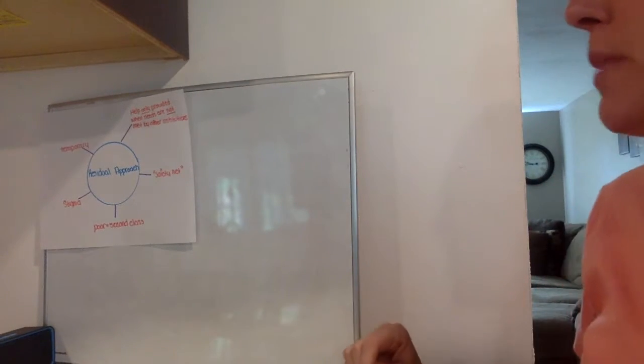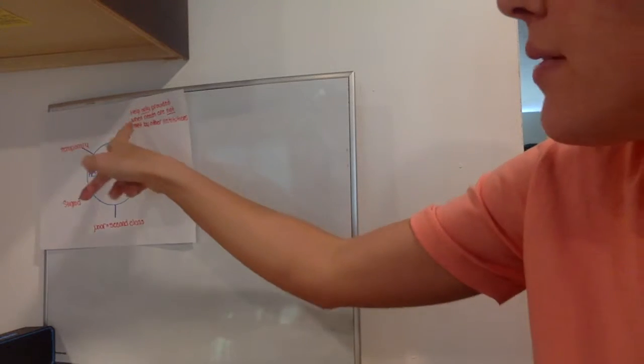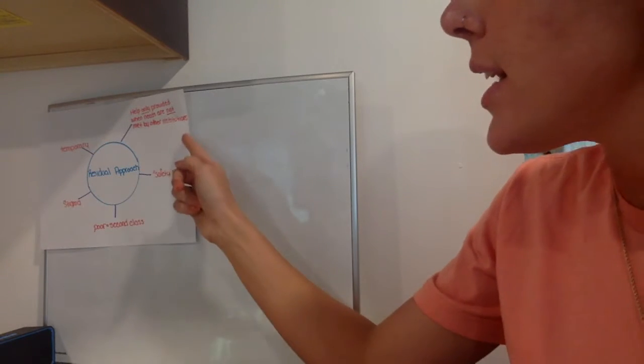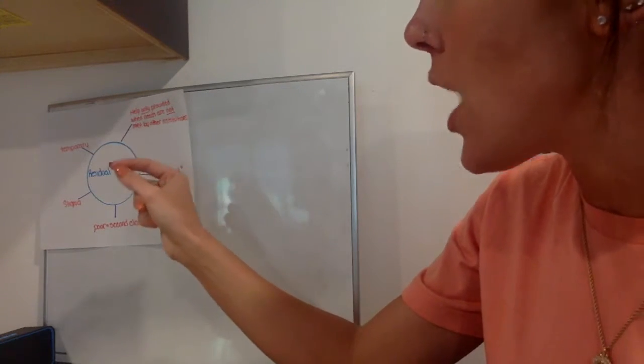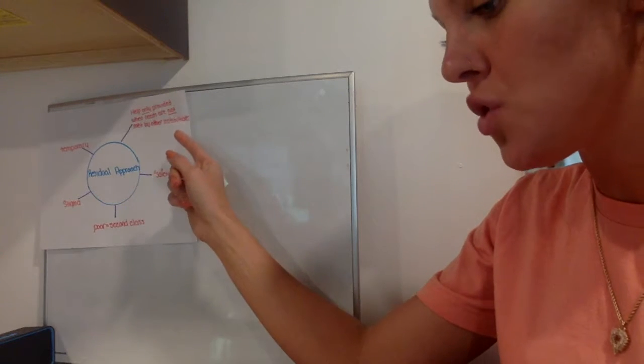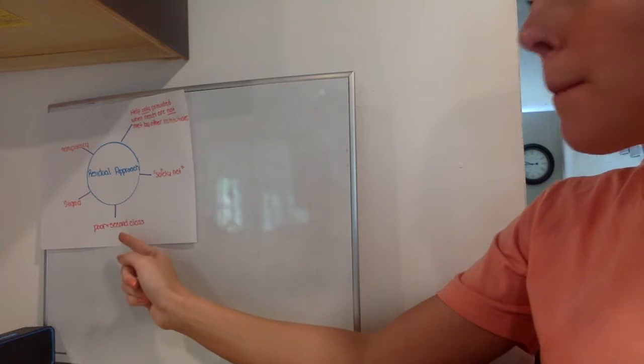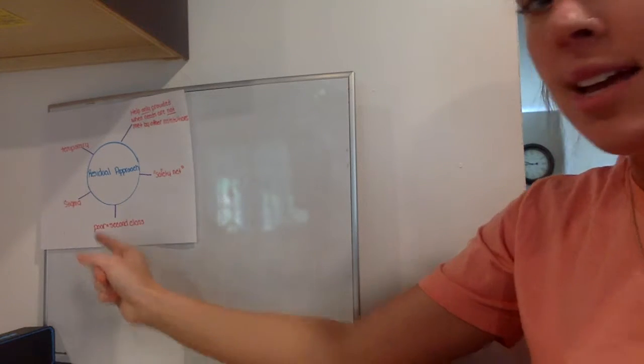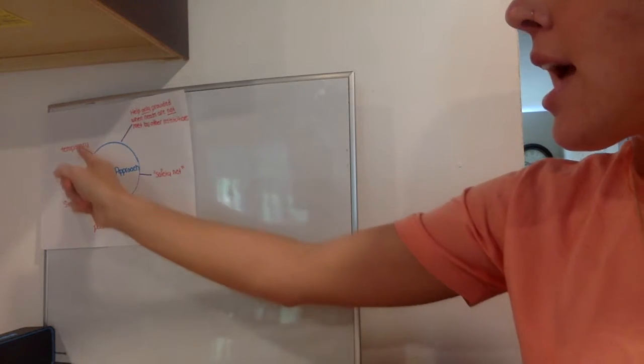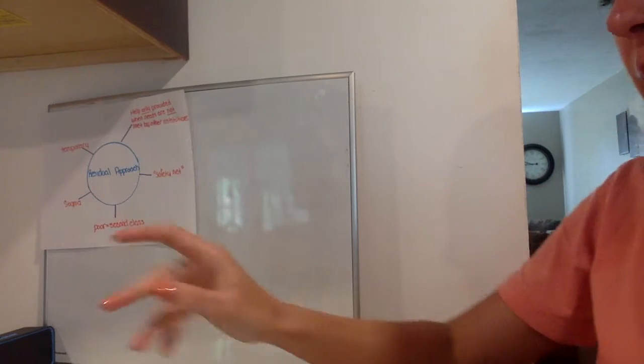So starting off, we're going to be touching on areas of help only provided when needed and needs are not met by other institutions. It is a safety net, poor or second class, stigma, and temporary.